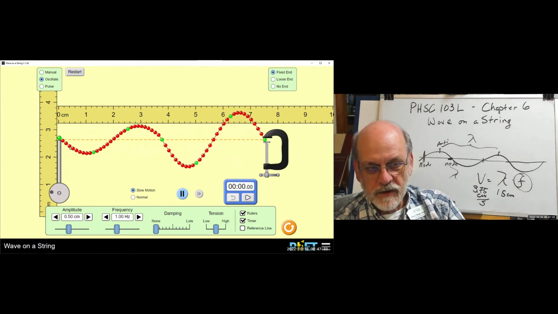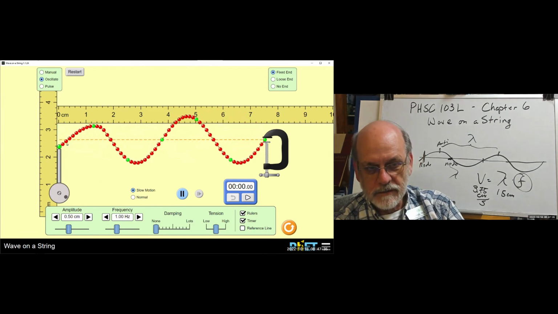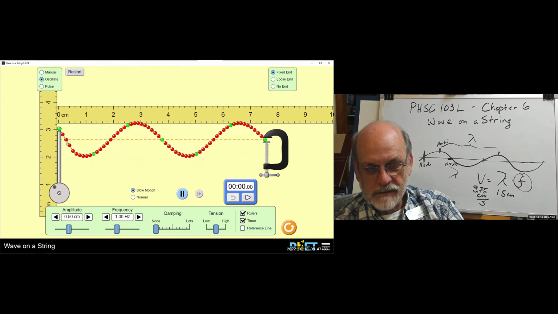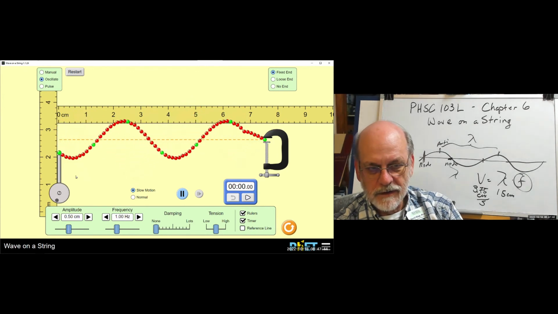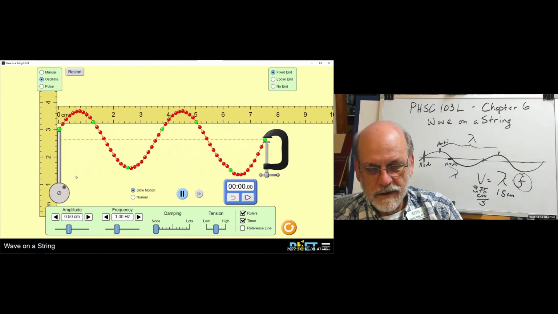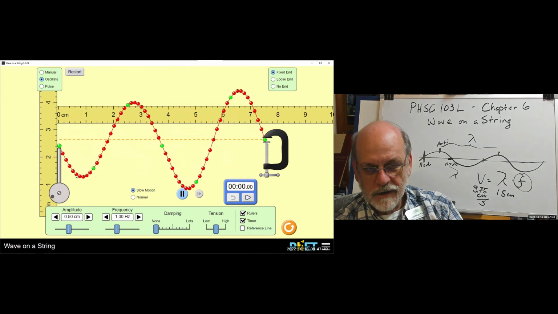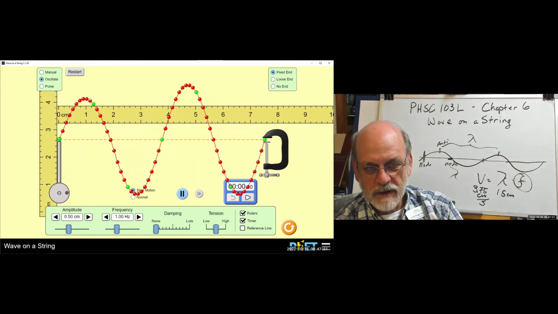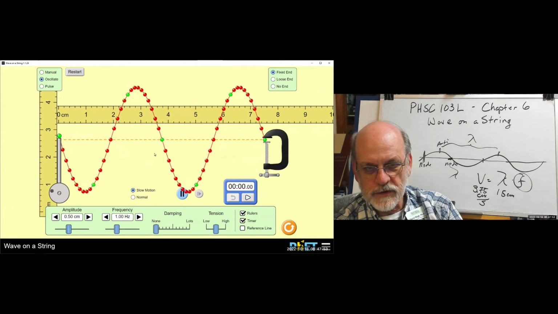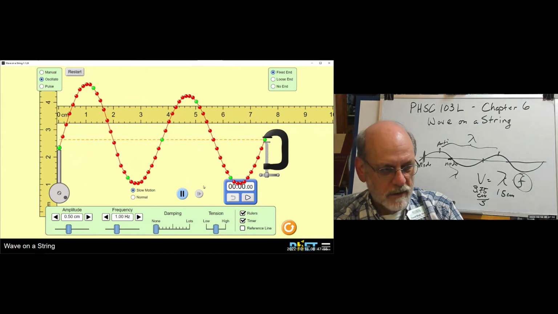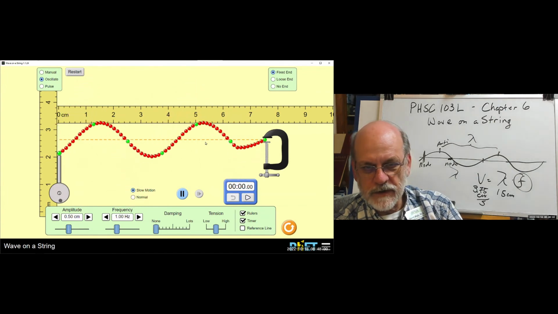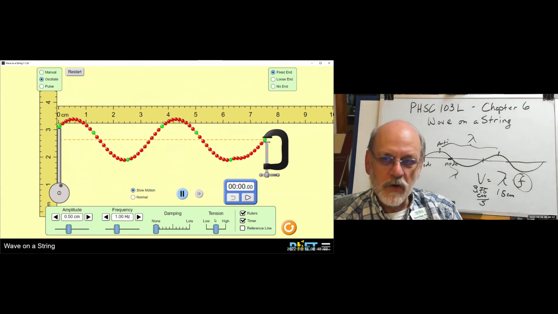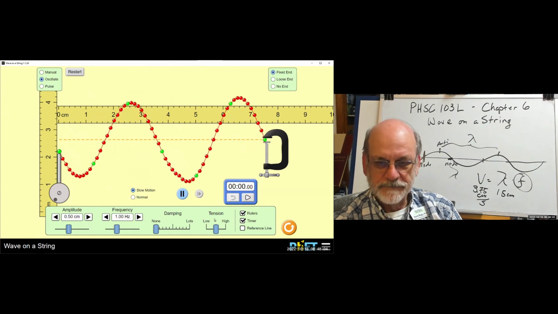Okay, how many nodes? Got to wait for it to settle down. Okay, it looks like we got a node, an antinode here. 1, 2, 3, 4. 4 antinodes, and 1, 2, 3, 4, 5 nodes. So it worked.